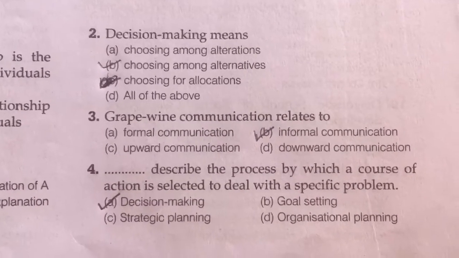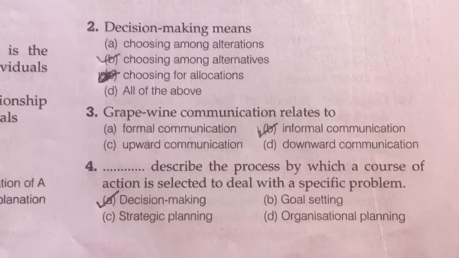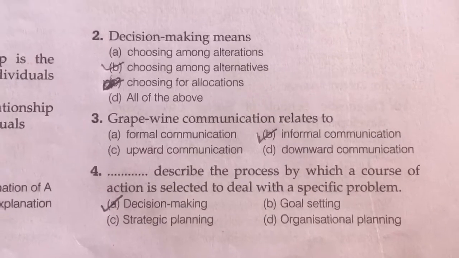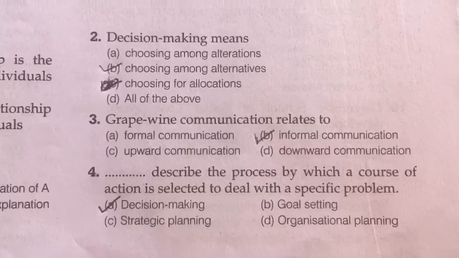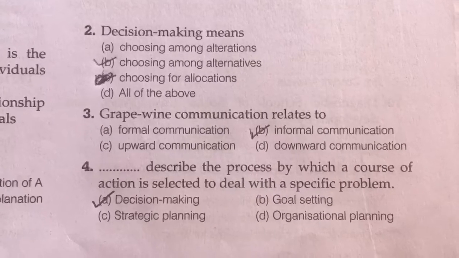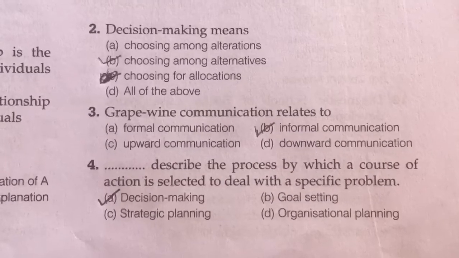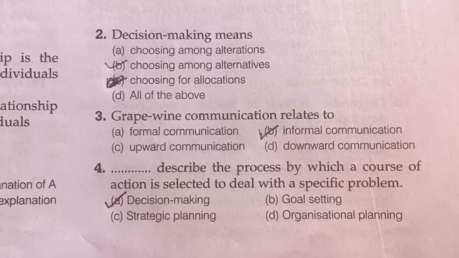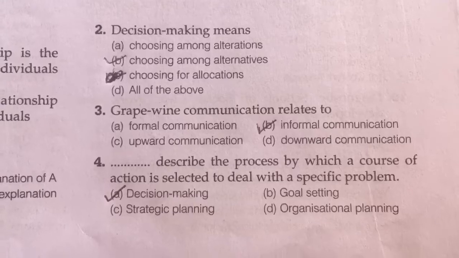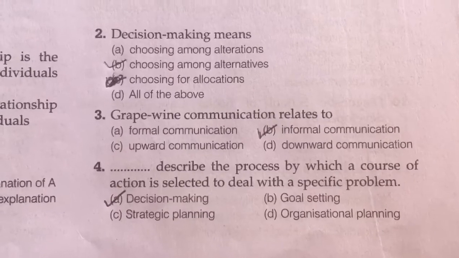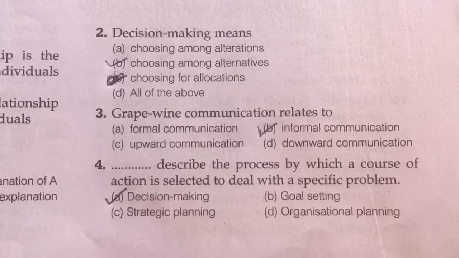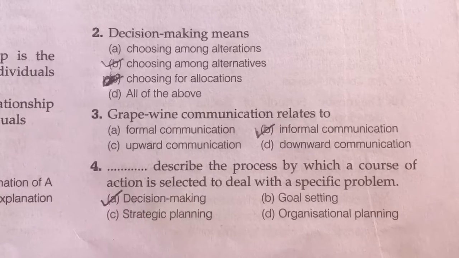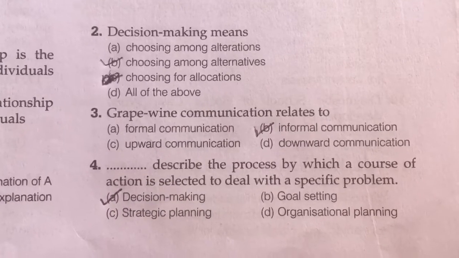The next question is, grapevine communication relates to A, formal communication, B, informal communication, C, upward communication, D, downward communication. The correct option is informal communication. Next is, dash describe the process by which a course of action is selected to deal with a specific problem.